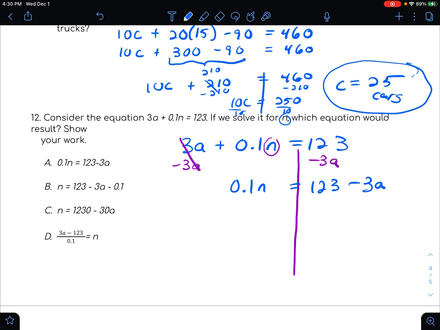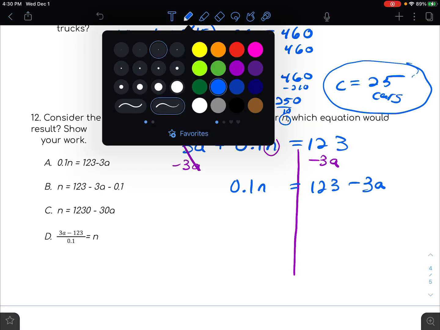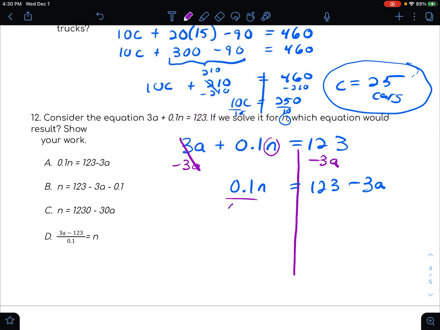Remember, these are not like terms, so we have to keep those 123 and minus 3a separate. And then dividing both sides by 0.1 to undo the multiplication, we get something like n is equal to 123 minus 3a all divided by 0.1.